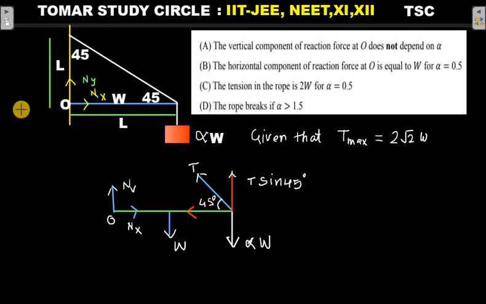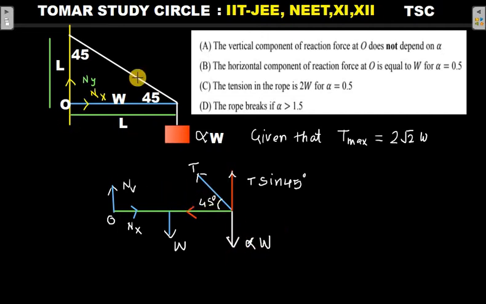Want to solve the problem? Here, first we consider the free body diagram of the rod. The forces acting on the rod are shown here. At O, a normal reaction acts. The normal reaction has two components, one along the rod, Nx, and another acting vertical to the rod, N. The weight of the rod acts at its midpoint vertically downward, W, and the load alpha W acts downward.